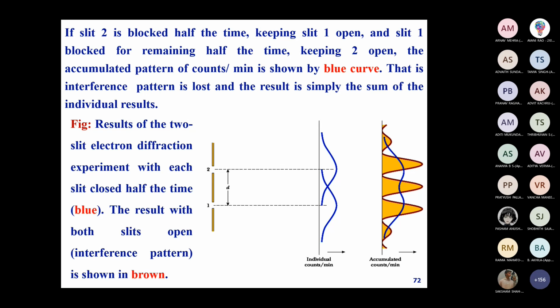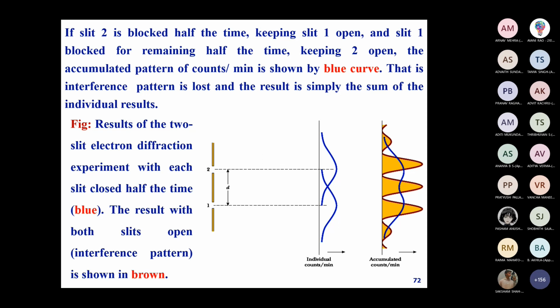As shown in the video, you might have seen a couple of cases where they were firing marbles and then firing electrons, and various types of patterns were produced. Here, suppose you block slit 2 for half of the time, keeping slit 1 open, and then block slit 1 and keep slit 2 open for the other half of the time.